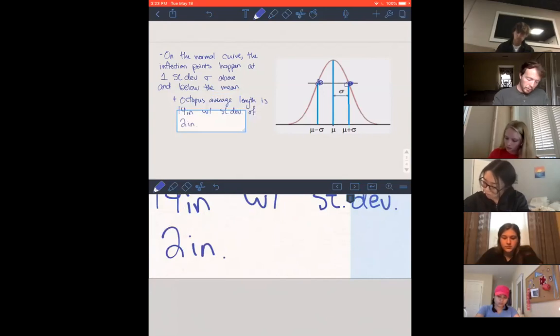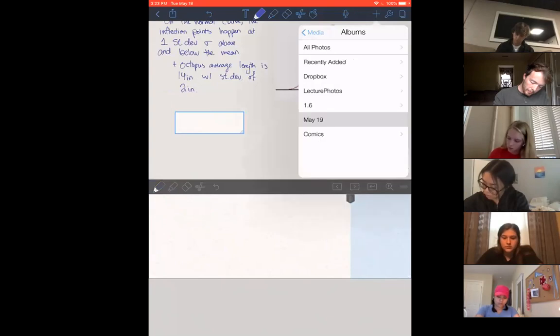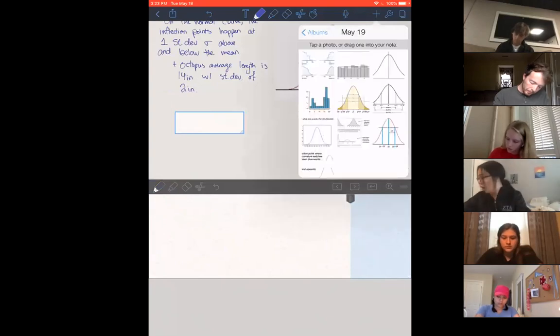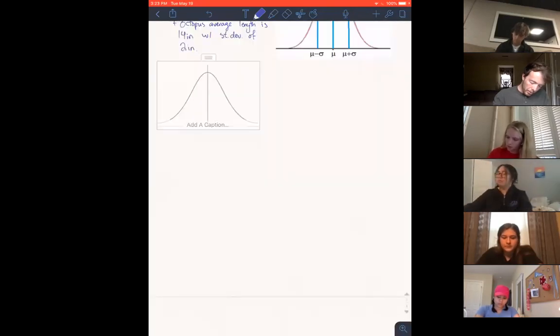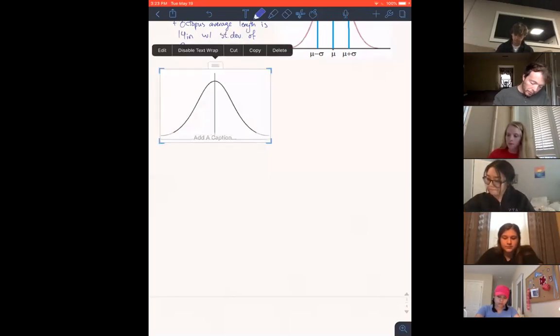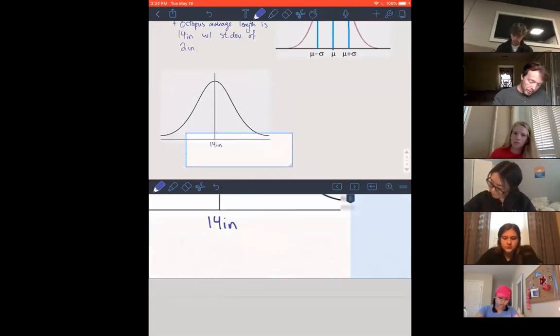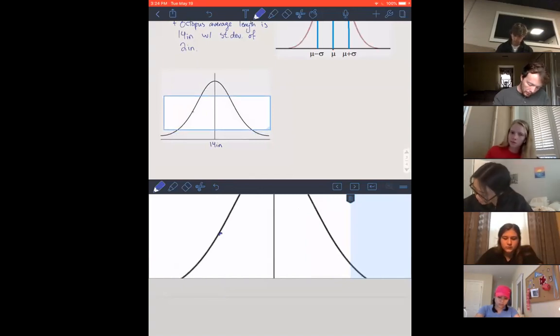So if I were to want to model my octopuses, I would draw something that looks like this, with the center at the average, the 14. And I could further say something else. I think the inflection points happen about here and about here.